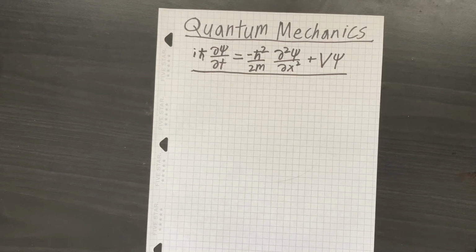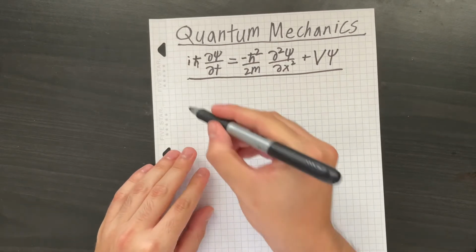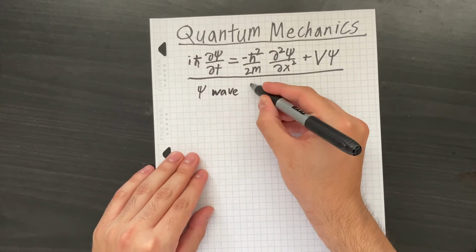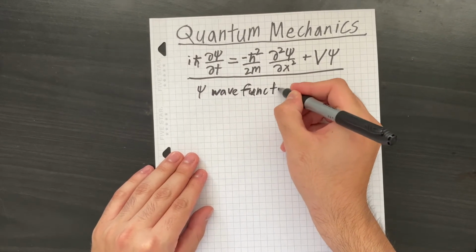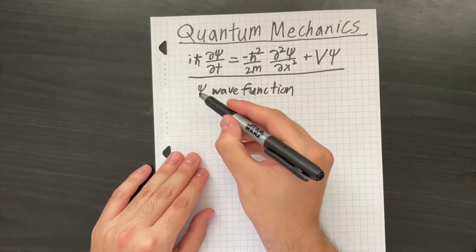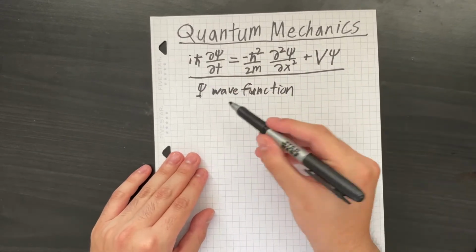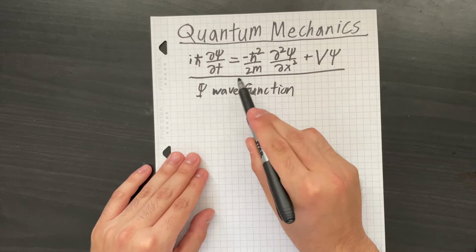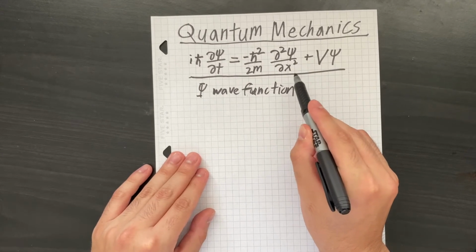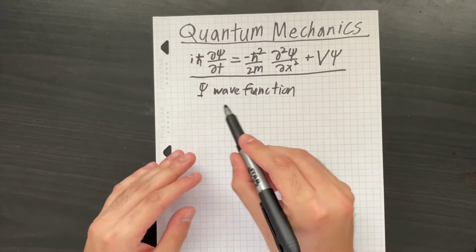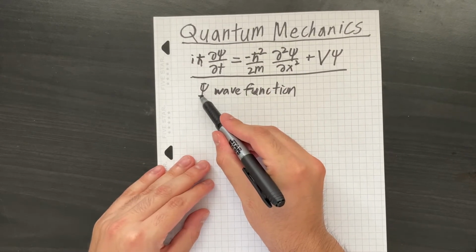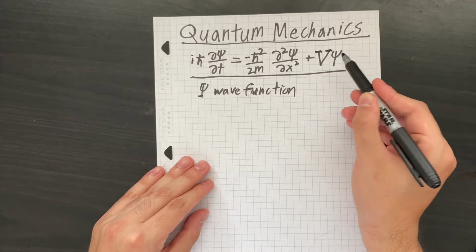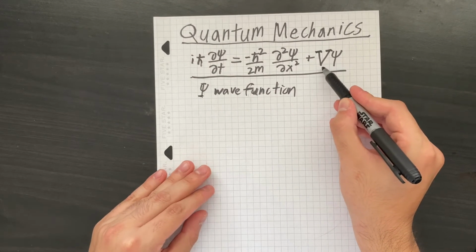Basically what it says is that any psi wave function has to be a solution to this differential equation. The way we find these wave functions is by solving for different potentials V. V is the potential energy of the system.